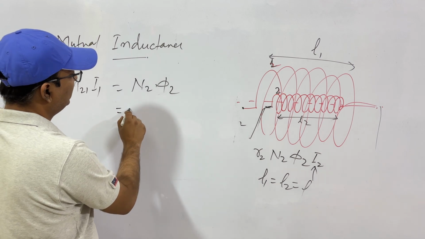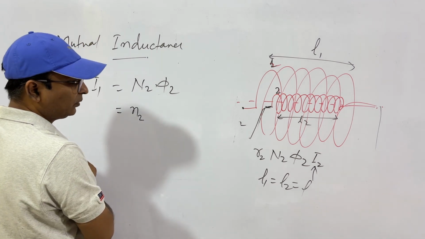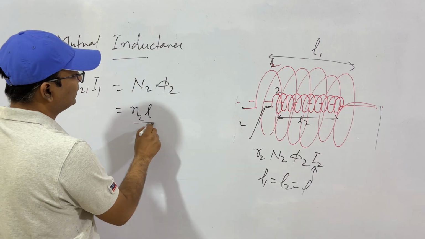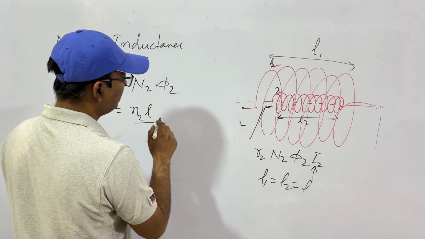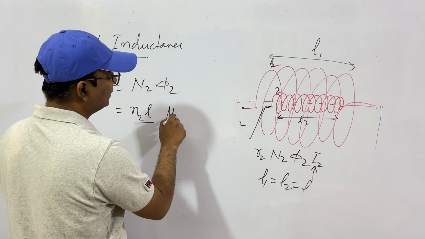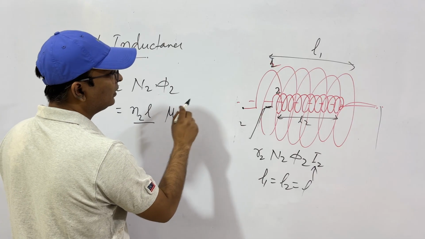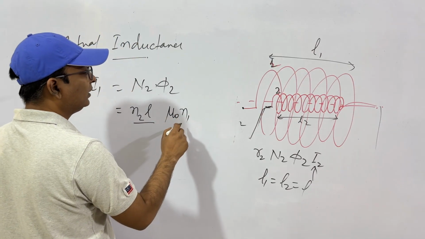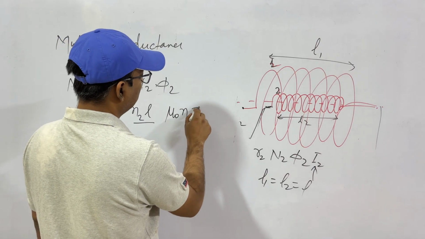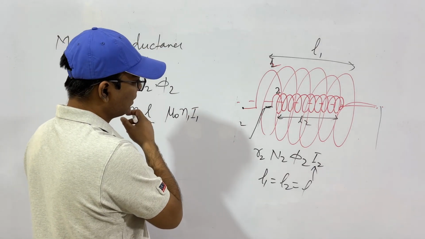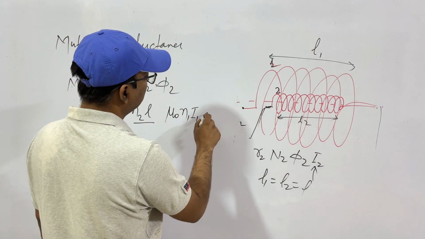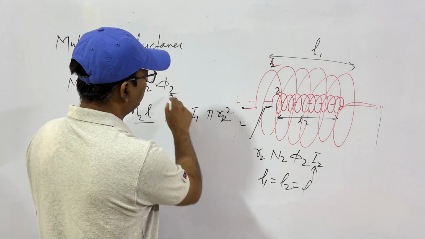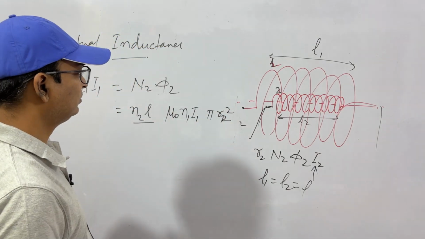N2 will be, this is per unit length into the length L. We have taken length L1, L2 equal to L. Then phi is B into A. What is B? B is mu 0 N1 into I1. This is the magnetic field, and area is pi R1 square. Sorry, pi R2 square, phi 2. So this is this. Clear?